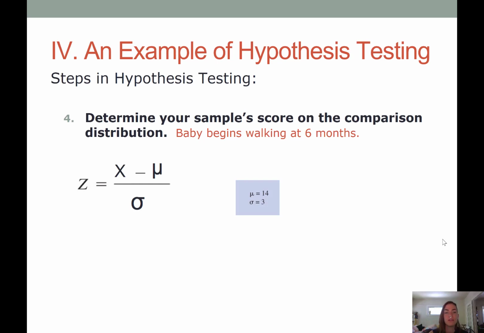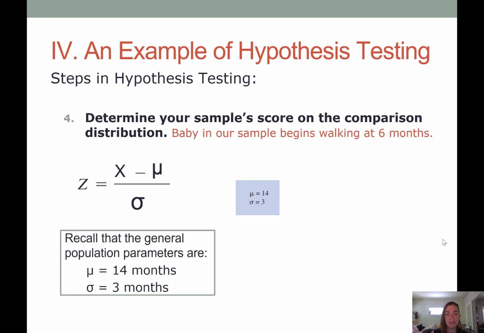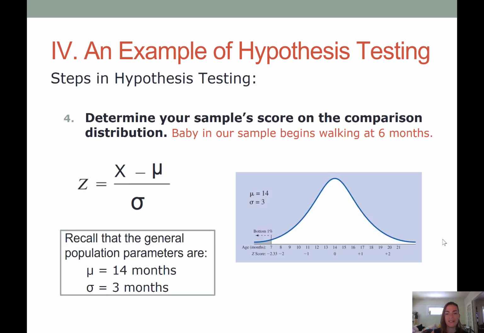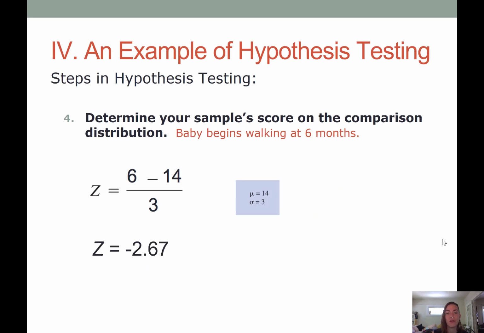Okay, so I'll use this familiar z-score formula. I'll calculate my baby's z-score. So 6 is x, the value of x, minus 14, that's the comparison distribution mean, over 3, the comparison distribution standard deviation.